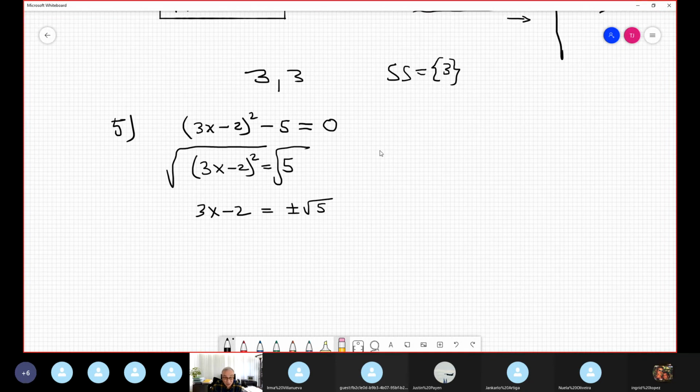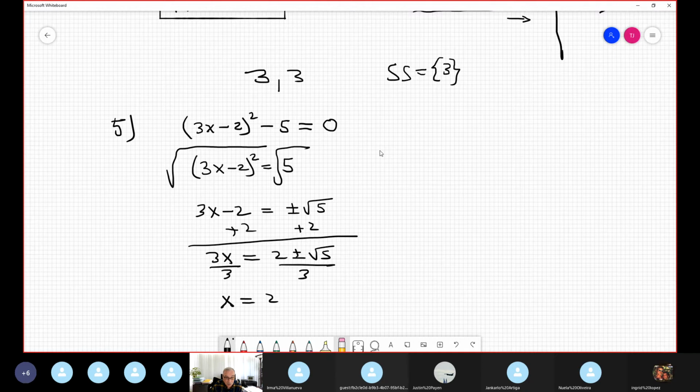Finally, you have a linear equation. Solve: add 2, 3x is equal to 2 plus or minus radical 5, divided by 3. x is equal to 2 plus or minus radical 5 over 3. The only problem is you have to remember the plus or minus sign. This is one possibility. In my opinion, it is the best option.